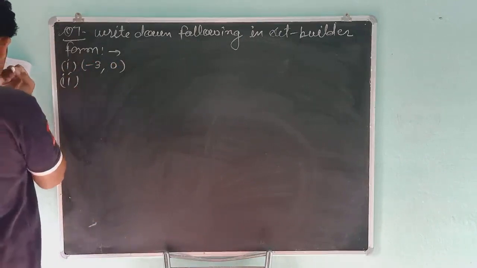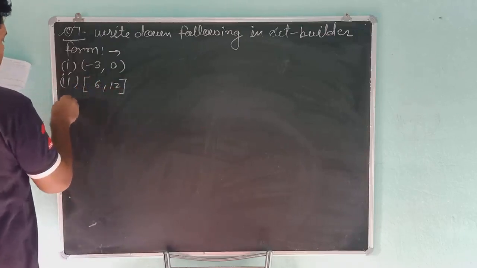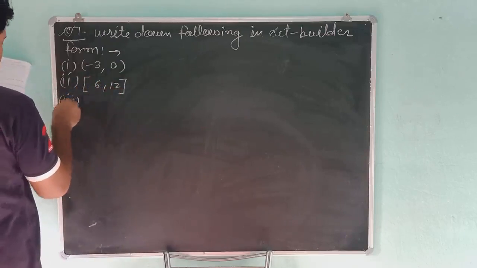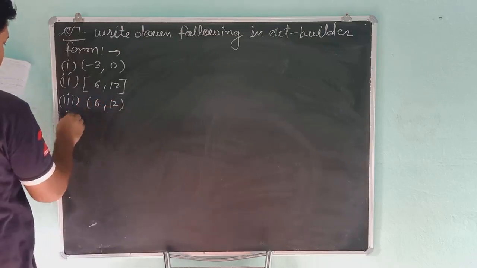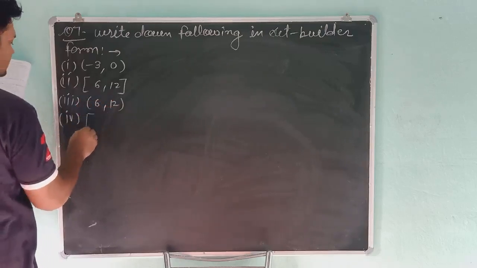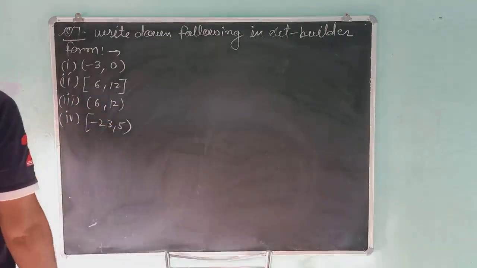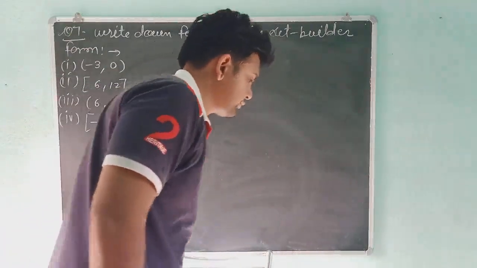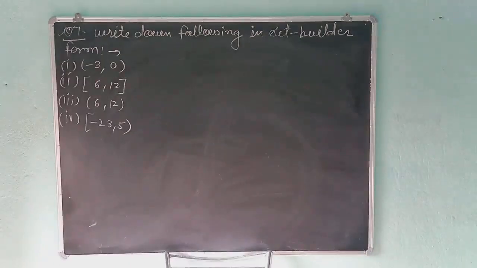Second is [6, 12]. Third is (6, 12]. And fourth is [-23, 5). Okay students, we have these 4 questions. Write down the following in set builder form.